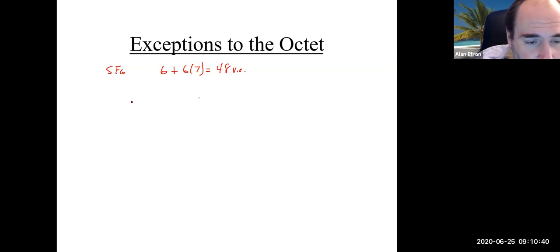We would put our sulfur in the middle, with lots of fluorines, 6 of them. We would make one bond to each, just like we did before. That's a lot of electrons: 2, 4, 6, 8, 10, 12 electrons. We'd fill up all the outside ones.